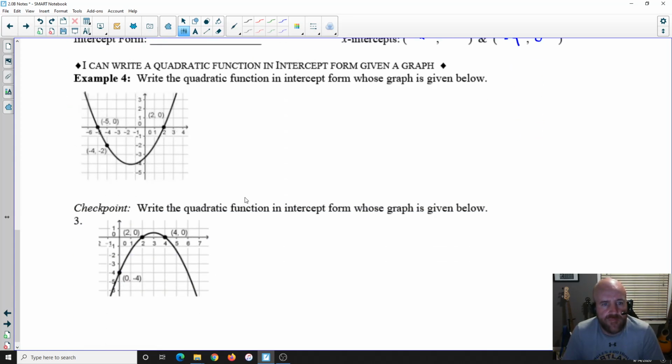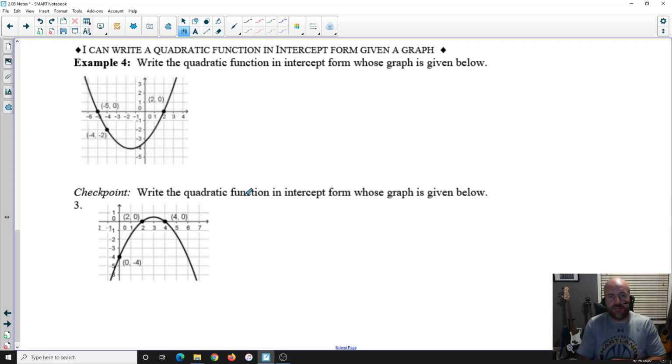Example 4, so I'm dealing with the last example here, and then get your checkpoint done, and then that'll be the end. So write the quadratic function in intercept form whose graph is given below. As opposed to starting with a function and then writing intercept form, we can look at this graph and figure out what the intercept form would be.